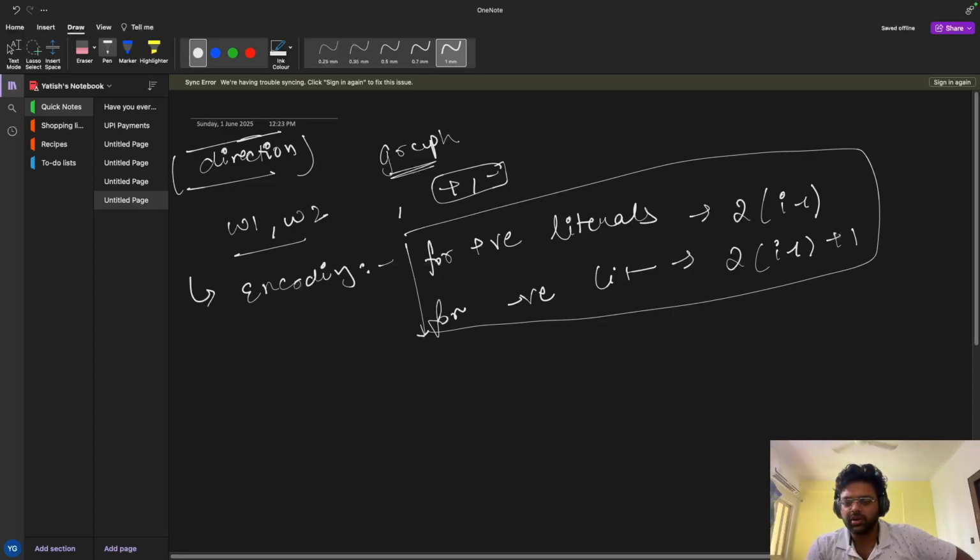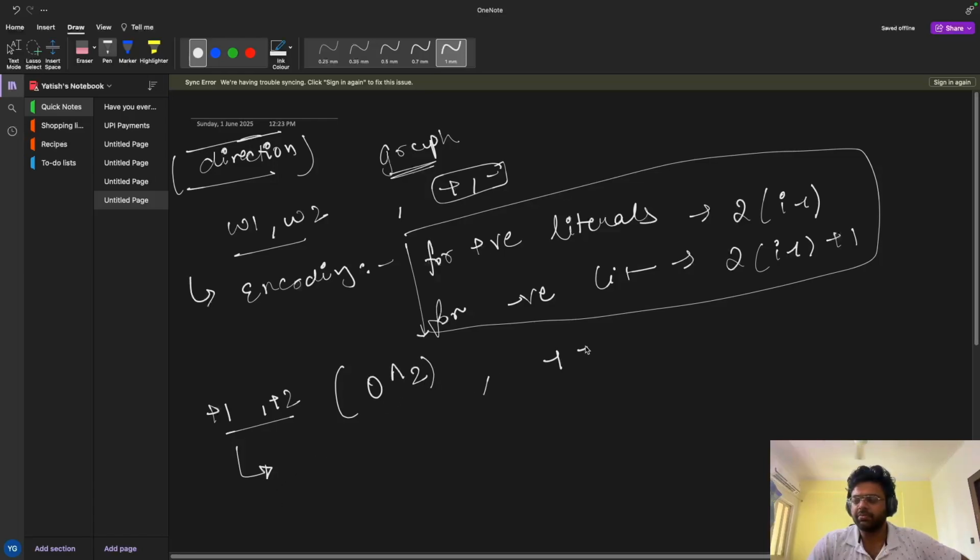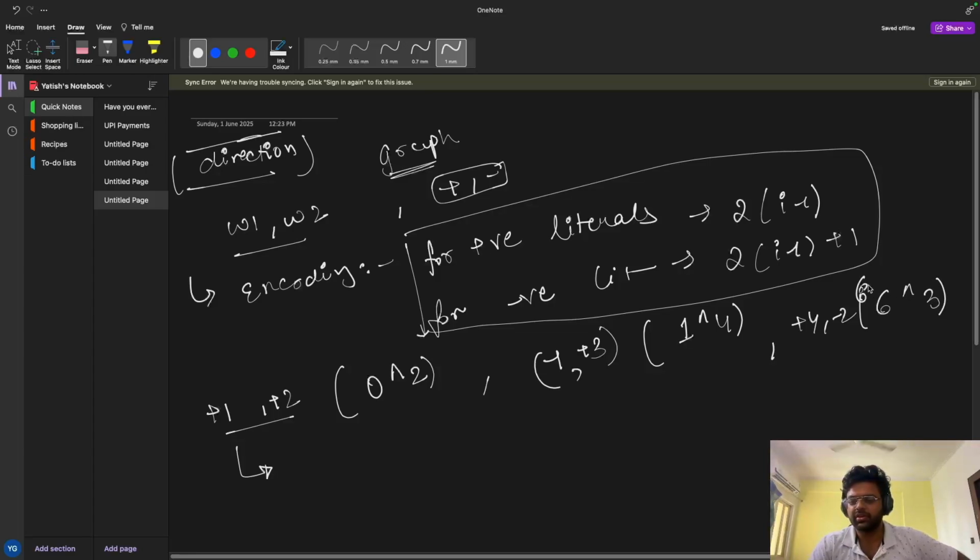So for person 1 and person 2, it would be something like 0 or 2. For minus 1 plus 3, for the second person, it would be 1 or 4, and for plus 4 minus 2, it would be something like 6 or 3.